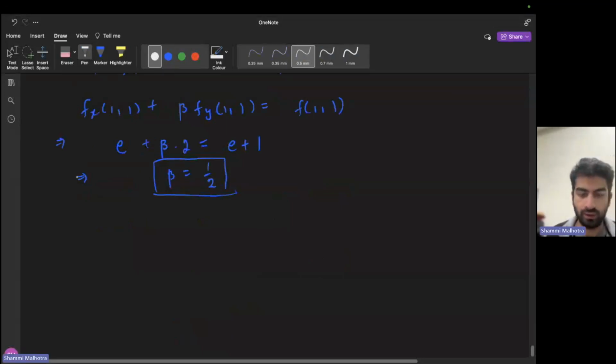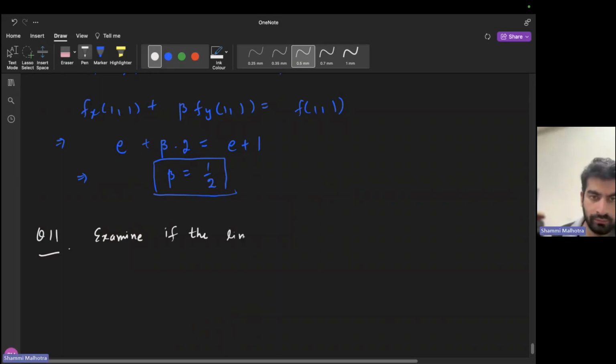So the next question which I would like to consider is question number 11. Examine if the limit as (x, y) tends towards (0, 0) exists.